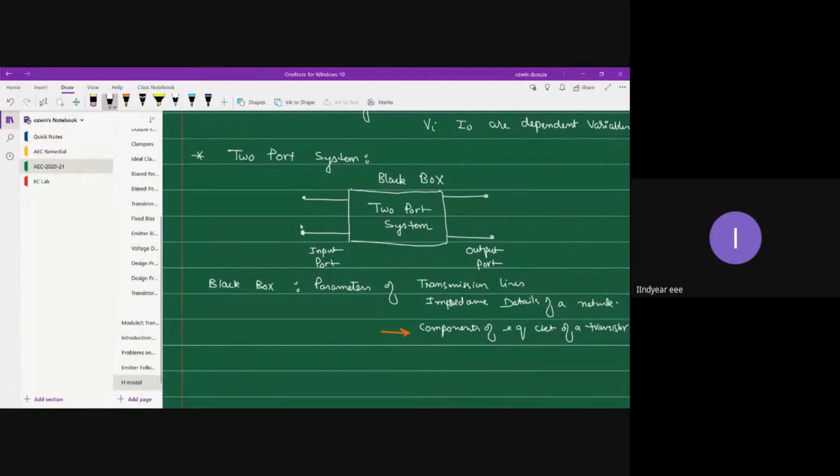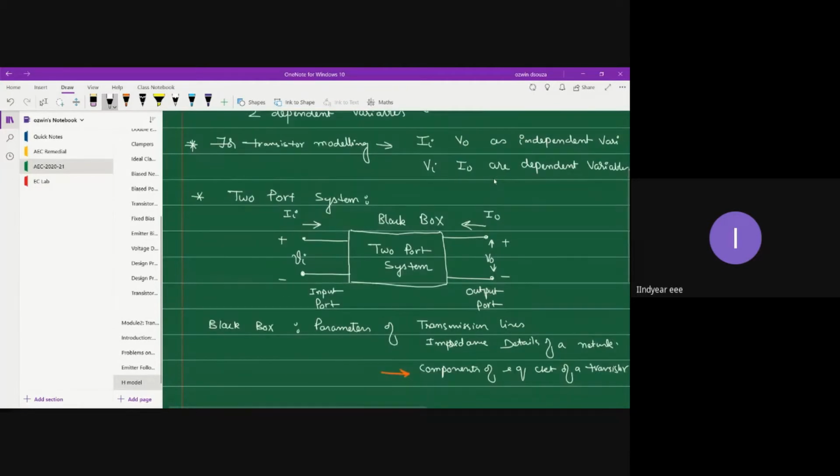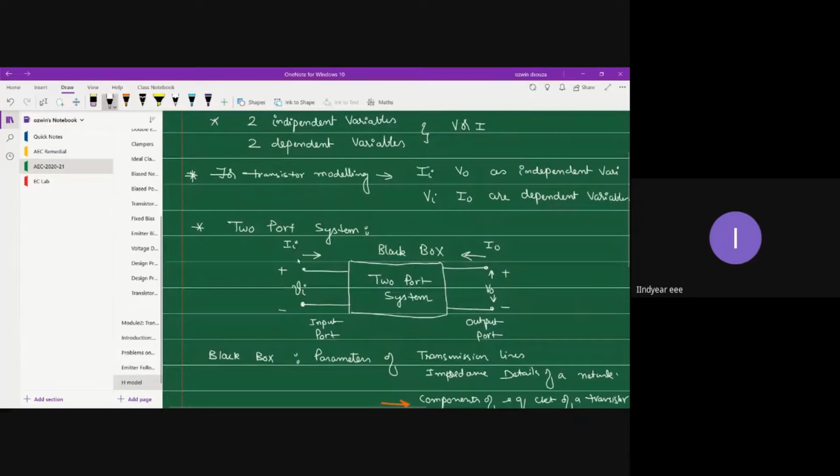At the input port, you will have input voltage and an inward input current. On the output side you will have output voltage V0 and an inward output current I0. That's what I was talking about in the beginning. So there are four variables here: input current, input voltage, output current, output voltage.